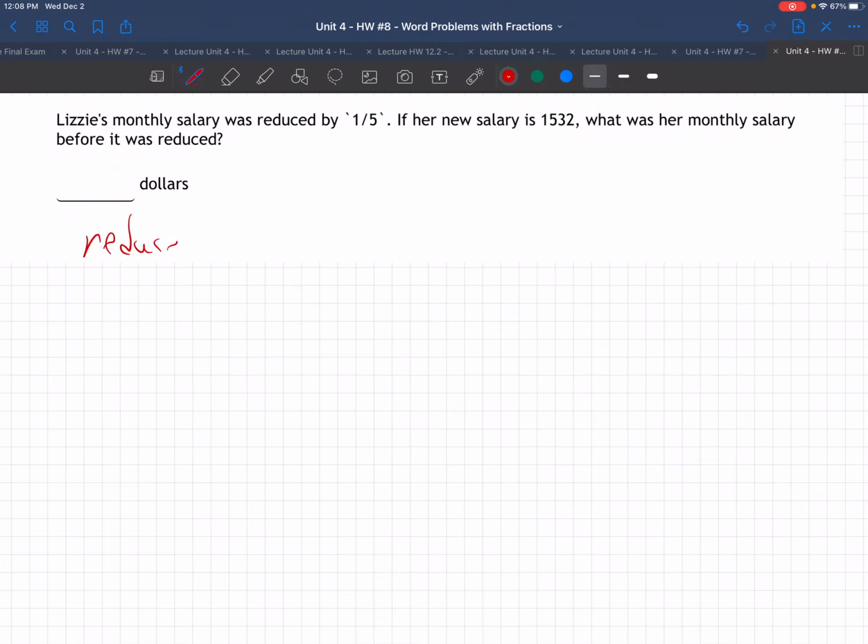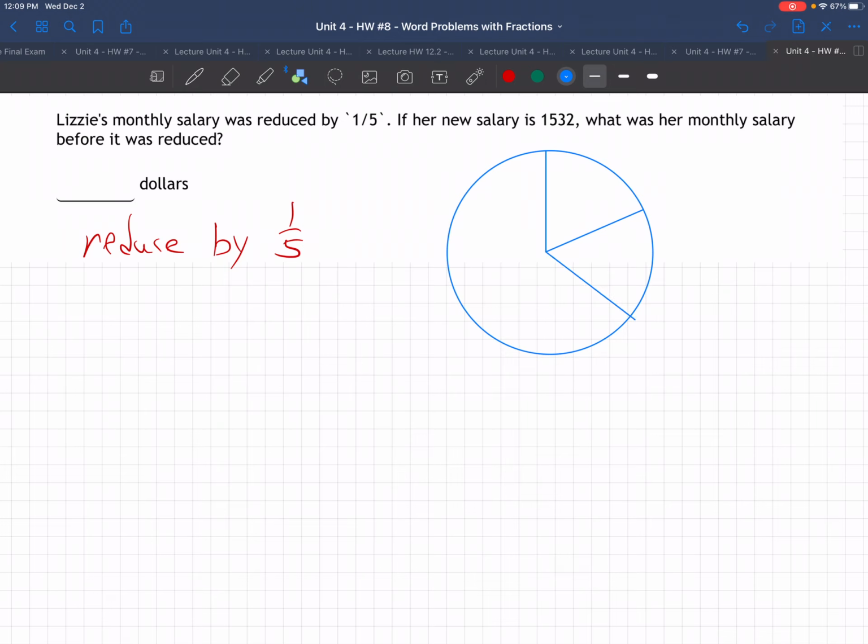If you reduce something by 1/5, well, let's draw a little pie. I think pies are just a good way to picture fractions. So we're going to go kind of to the center here. 1/5, 2/5, 3/5, 4/5, sort of.